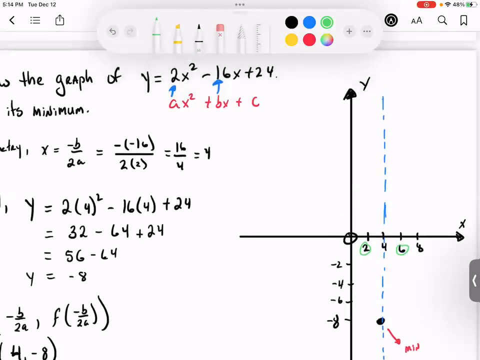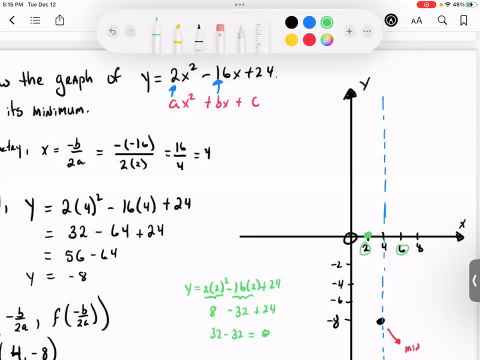If I plug in x equals 2, y equals 2 times 2 squared minus 16 times 2 plus 24. So this will be 8, this will be 32, and this will be 24. So 8 plus 24 is 32, and 32 minus 32 is 0. So that actually worked. That is one of the intercepts.